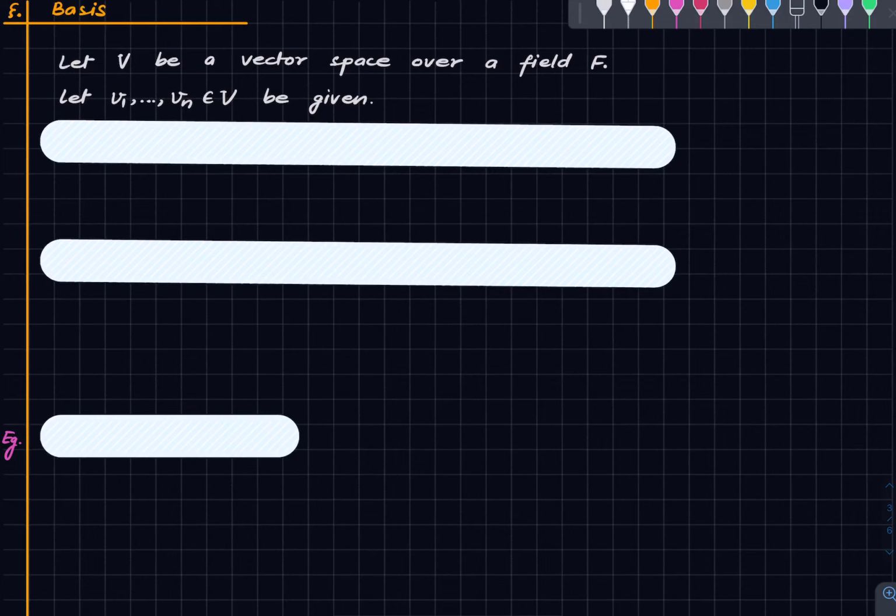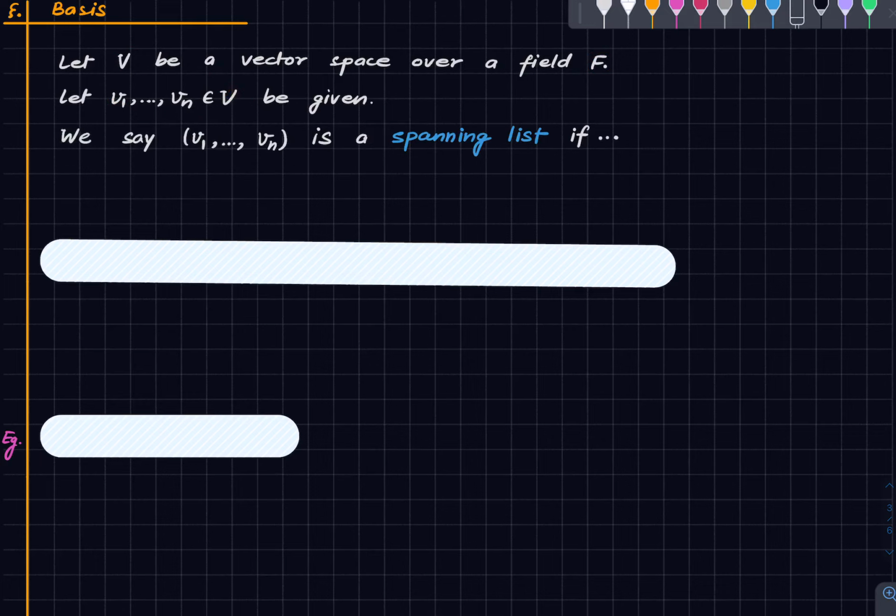So what is a basis? First, we will define what is a spanning list, and then we will define a basis. So fix a vector space V, the base field being F, and suppose we are given some n vectors from the vector space V. We say that this list is a spanning list, this is a spanning set, which is same as saying if you take the span of these vectors, you get the entire vector space.